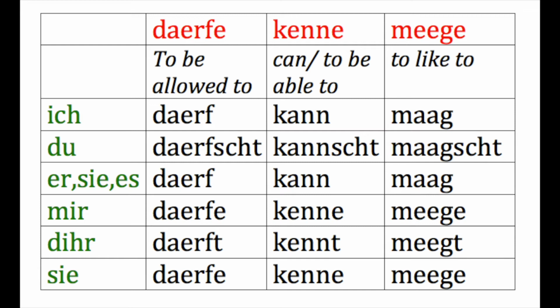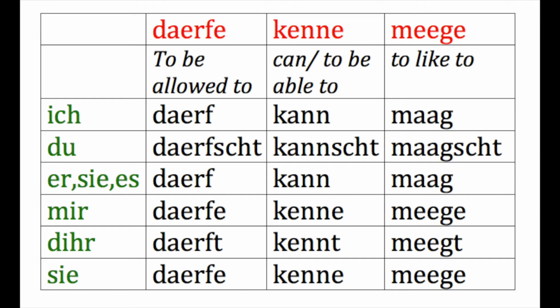If you go down, I have your pronouns down the left: ich, du, er, sie, es, mir, dir, sie. And if you notice the first, that makes sense, darf, then it's darfst. But notice in the er, sie, and es, normally verbs will take a T there, but these modals do not. It just is darf. And then the plurals, darfe, darft, darfe. Okay, that one's not too weird. It doesn't really change spelling too much.